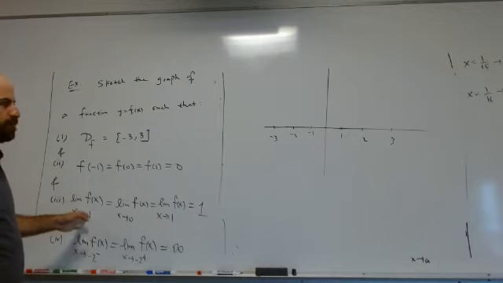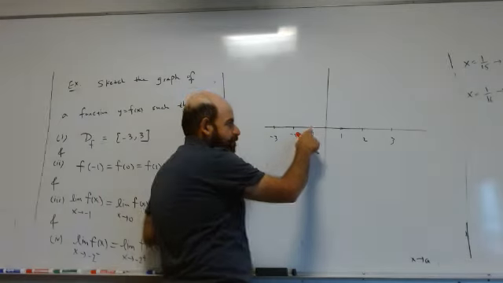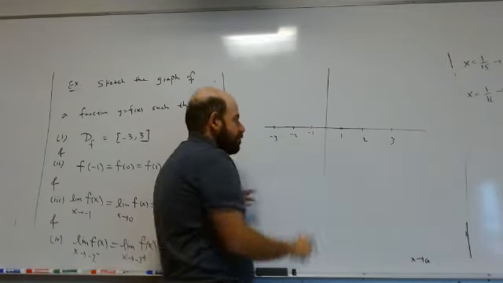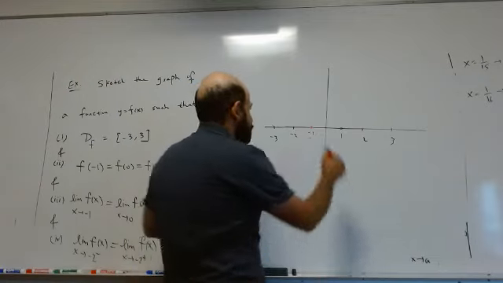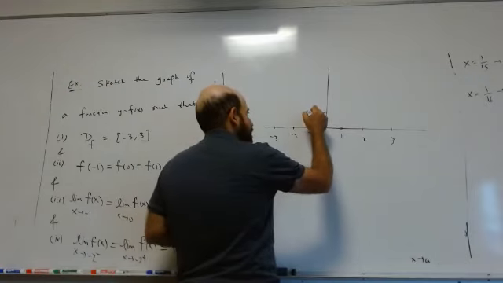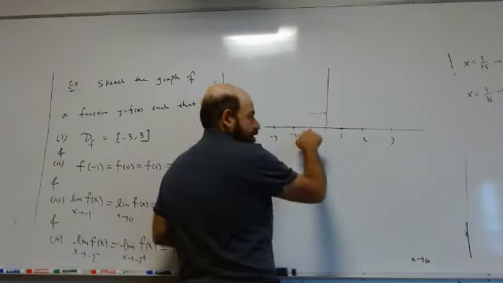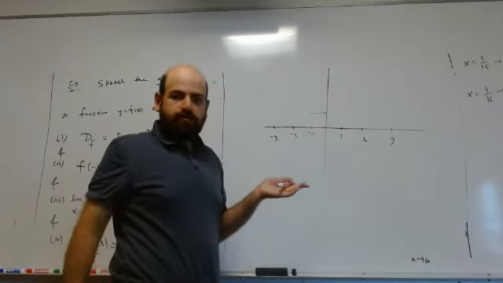So limit at -1 equals 1 means what? So see, at -1 itself, the output is 0. But when we say limit is 1, it means when x is close to -1, the y value should be close to 1. So y value of 1 when x is close to -1, not at -1, because we already know that at -1 the output is 0.